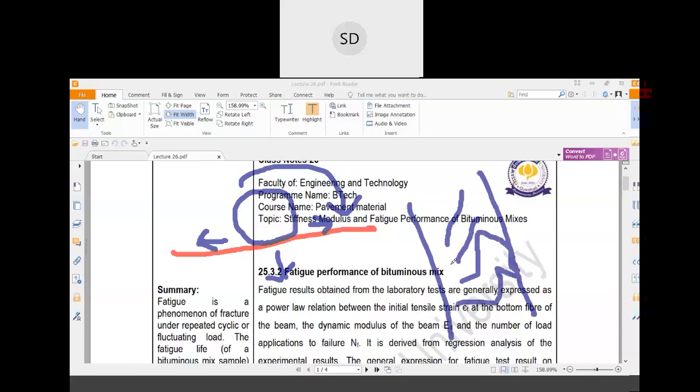In our previous semester, we discussed the different types of failure conditions, the different shapes of fatigue failure, and the different categories of fatigue failure.